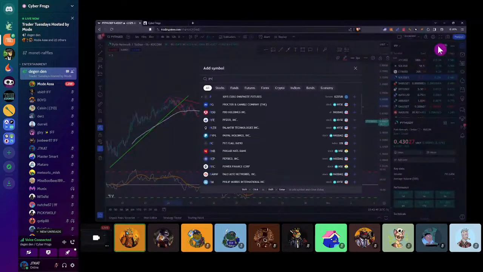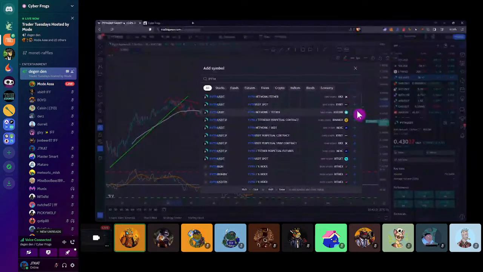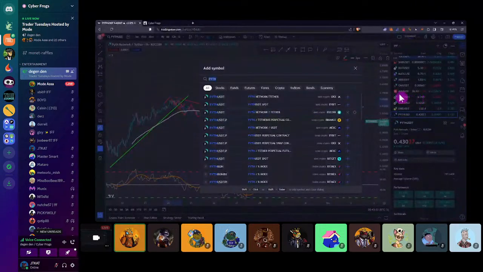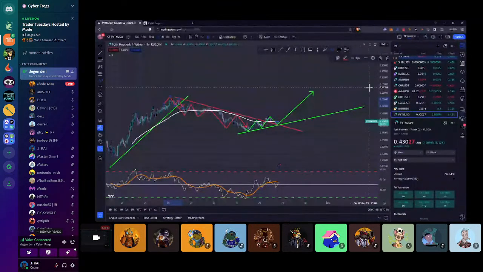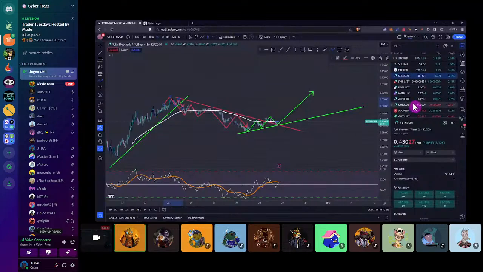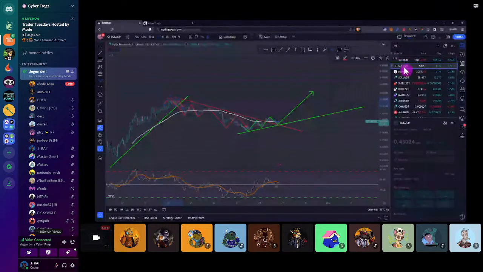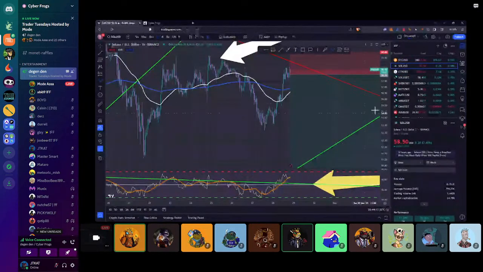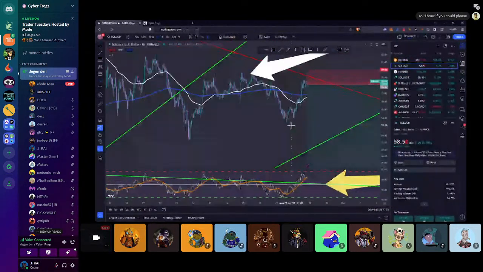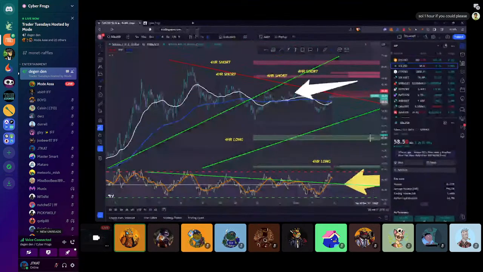We'll add it on here so we can continue to look at it. Bam. Okay. Anything else? Is there any tokens that anybody wants to look at? Is there anything you want to go over with Thor? Fire away. Look at Kira.